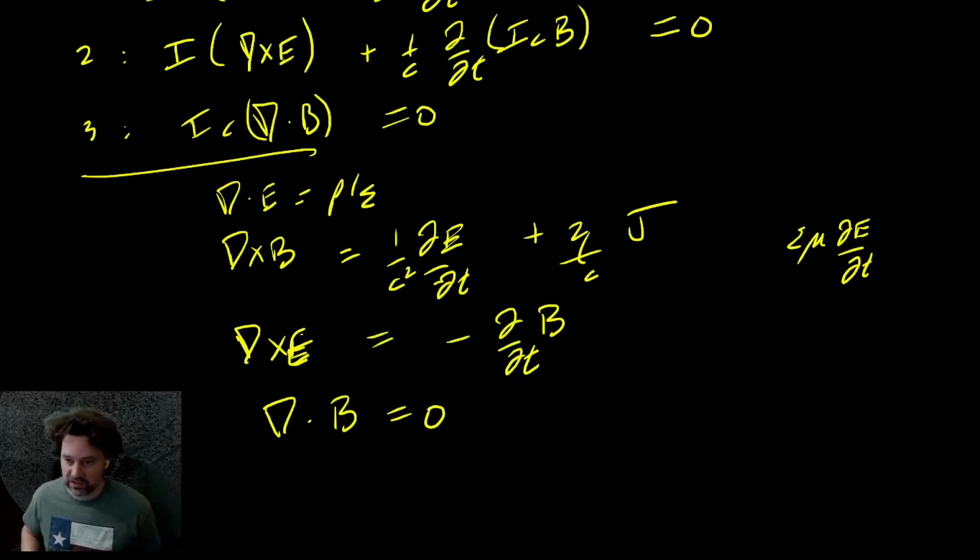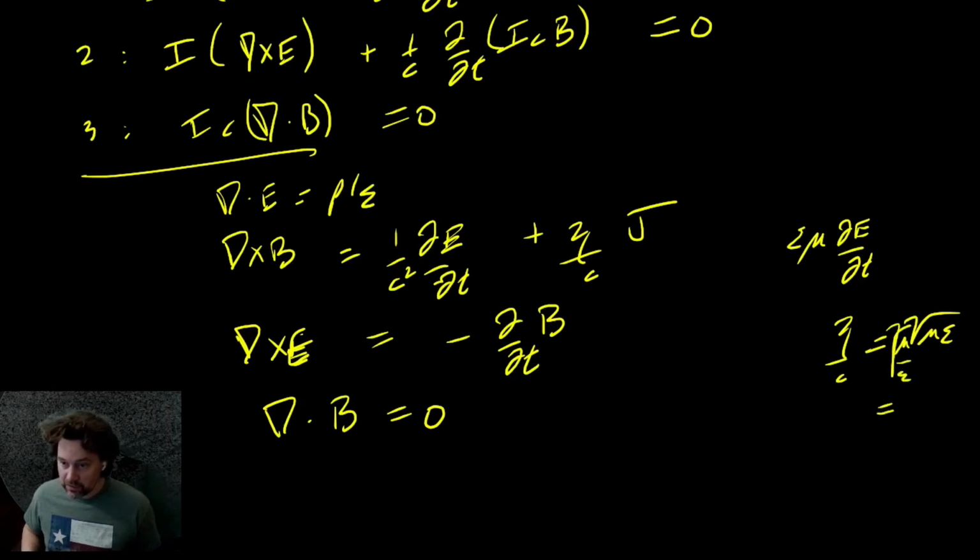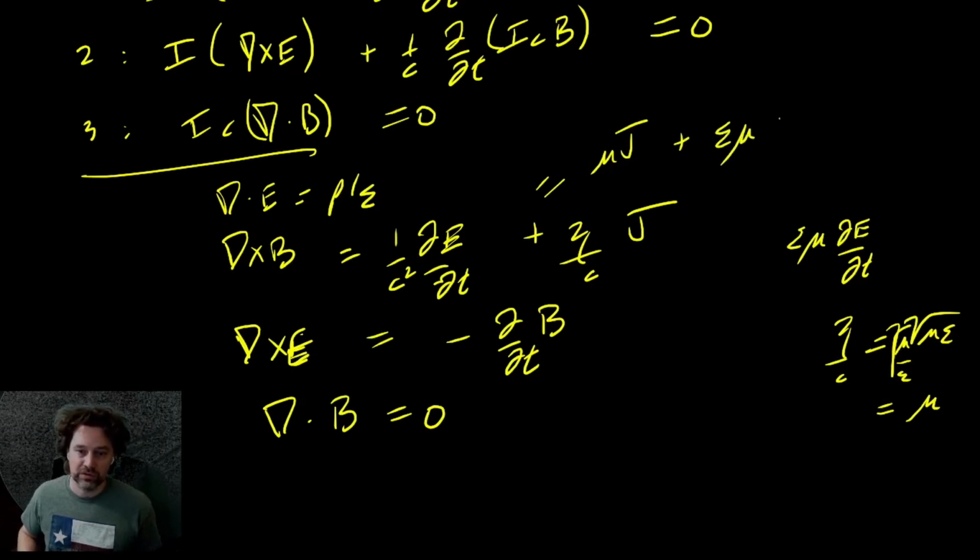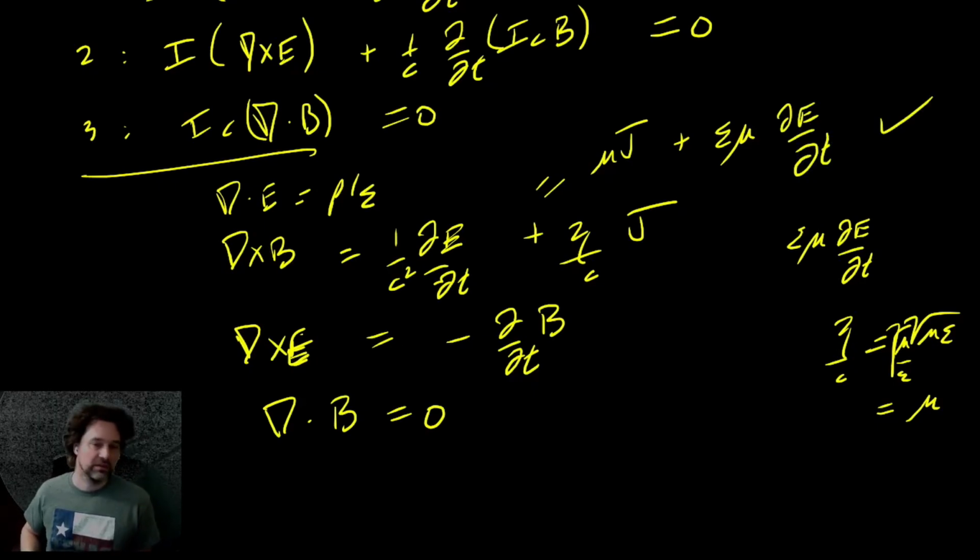Okay, that checks out. And eta over c is the square root of mu epsilon times the square root of mu over epsilon, which is mu. All right, so this guy here is just mu J plus epsilon mu dE/dt, which is correct. All right, there we go.